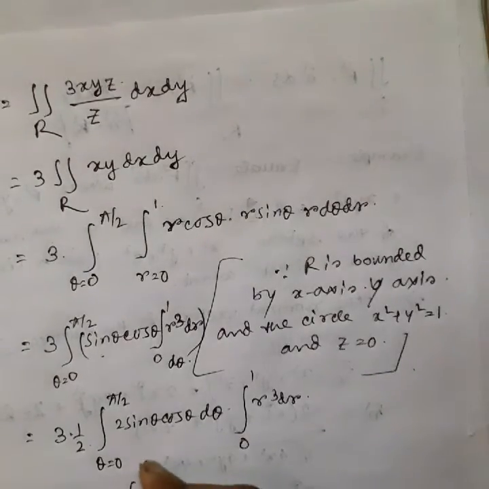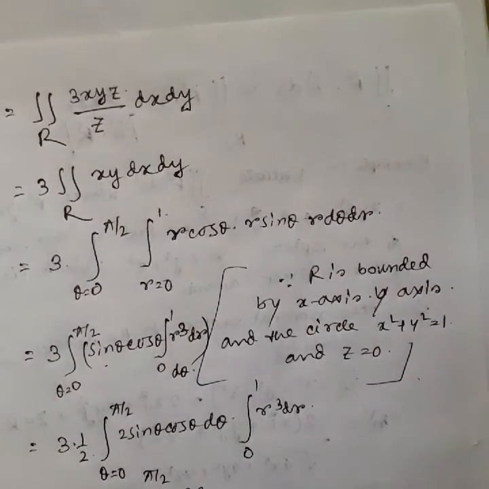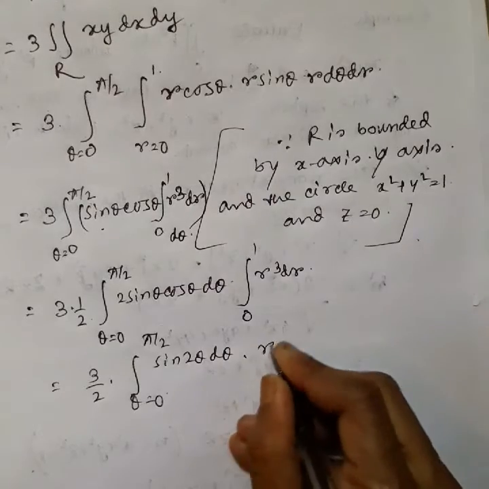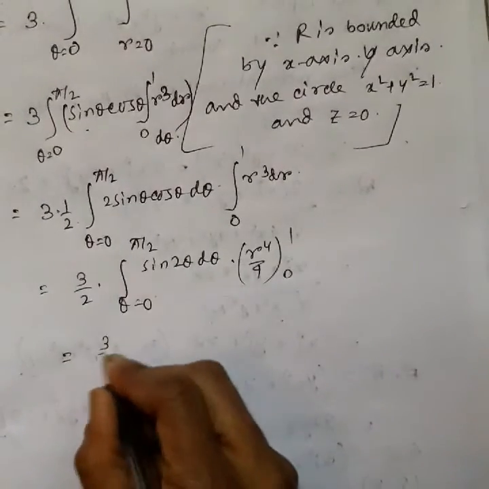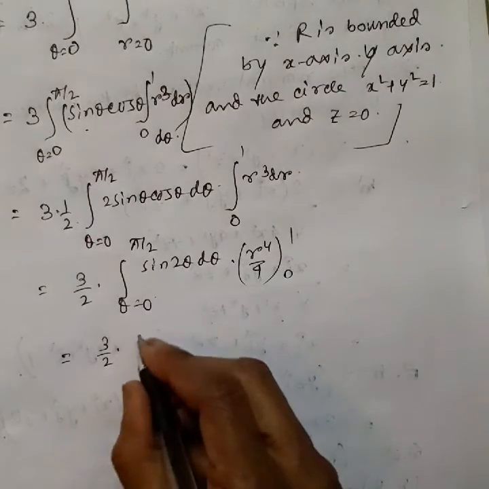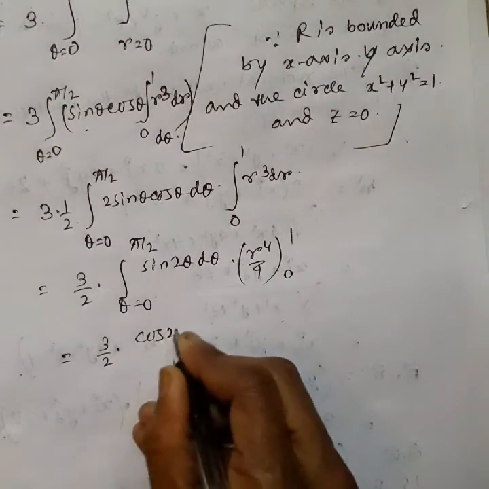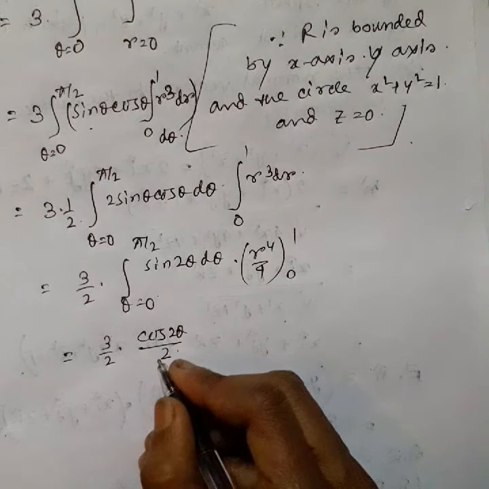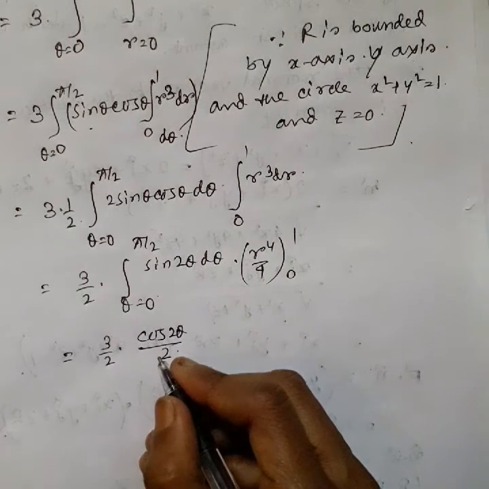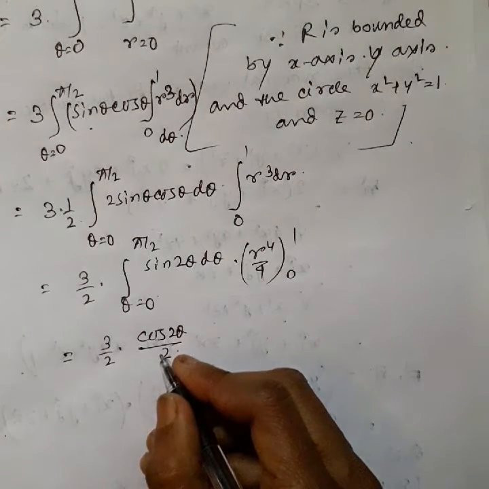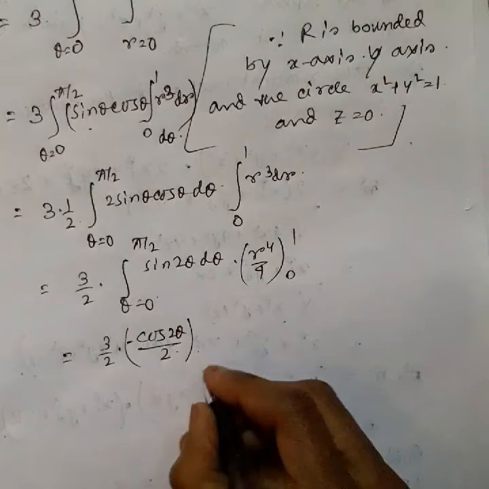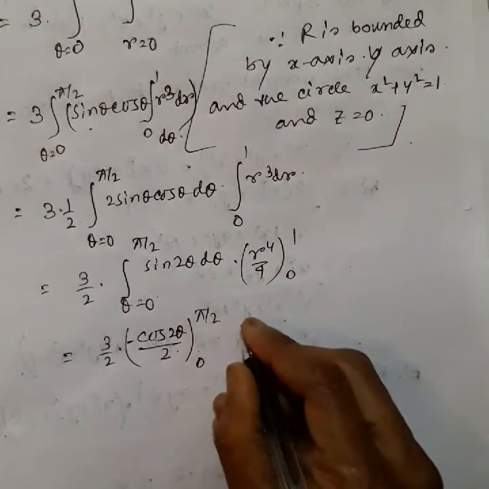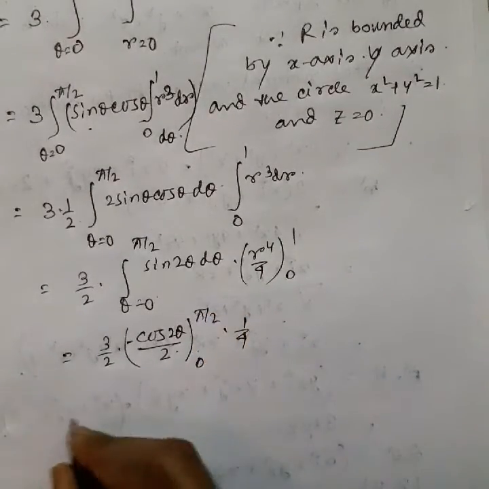that is 3 by 2 into integration of theta is equal to 0 to pi by 2 sin 2 theta d theta, and by integration, that is r to the power 4 by 4, 0 to 1. That is 3 by 2 integration of sin 2 theta is cos of 2 theta by 2, minus, okay, 0 to pi by 2, and this is 1 by 4.